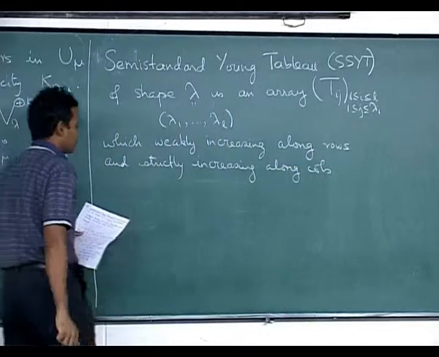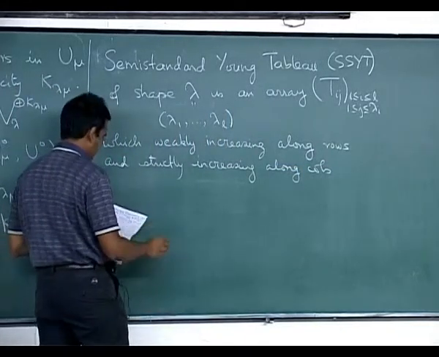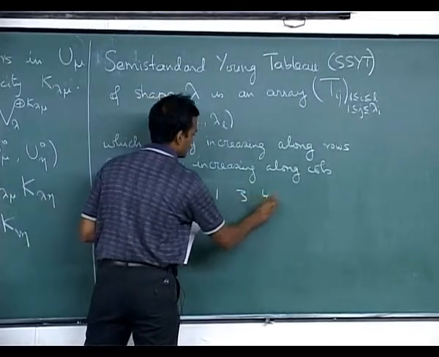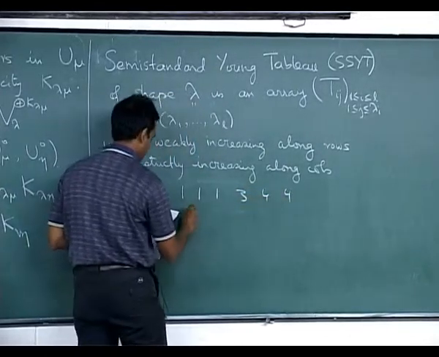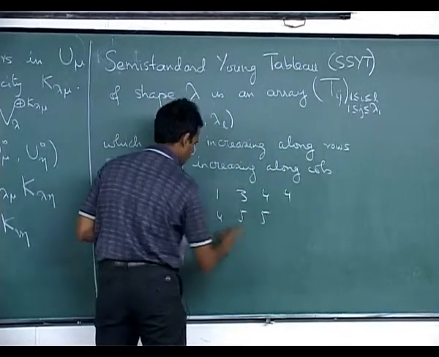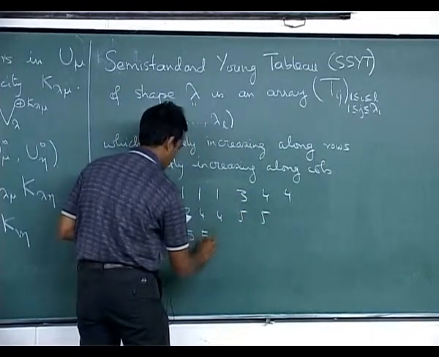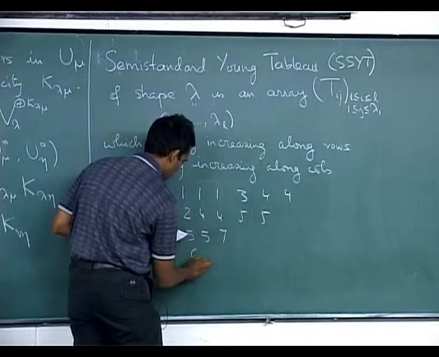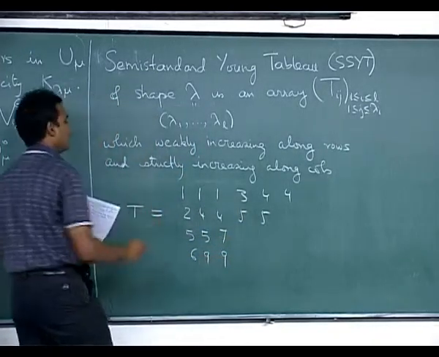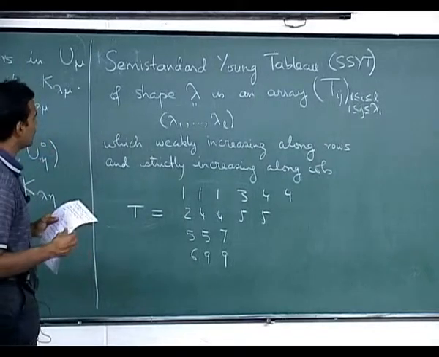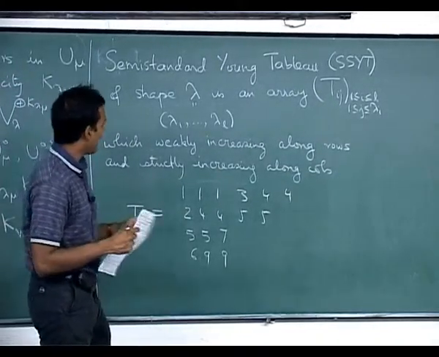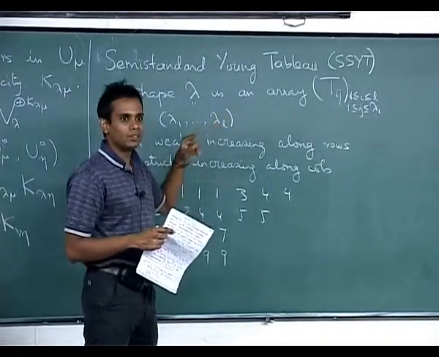These things are better understood through examples. Let me just draw one for you. What is the shape of this semi-standard Young tableau? i denotes the row number, j denotes the column number.